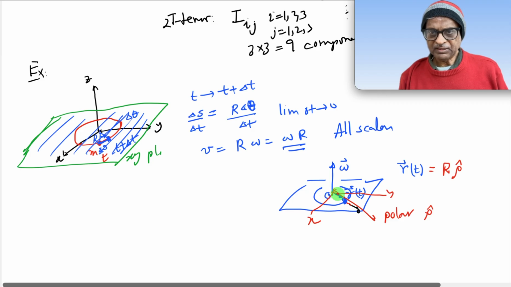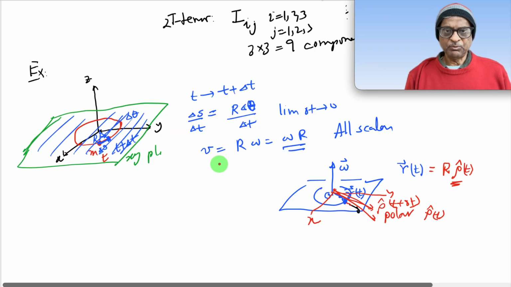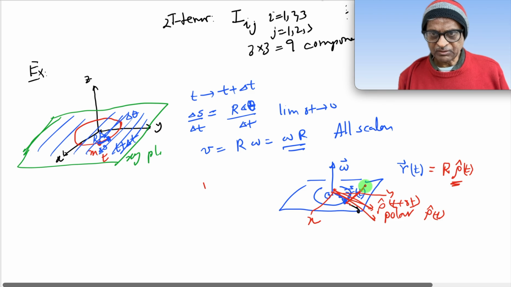Now at a little bit later time, the polar radial direction is this way. At time t there is one direction, and this time is t plus delta t. So that's the one actually time dependent, and this is constant. So what this is, in terms of v, is pointed tangentially.